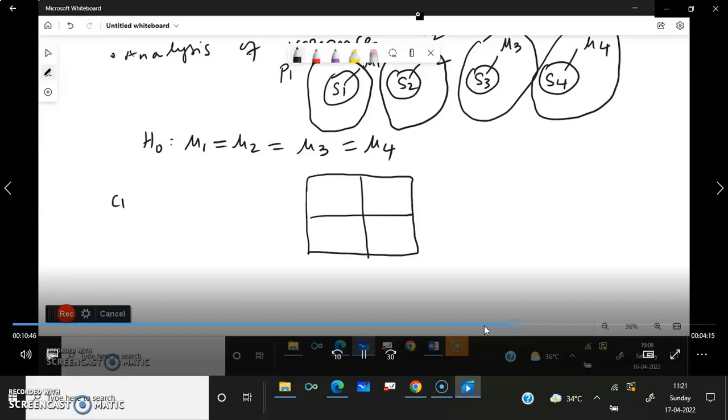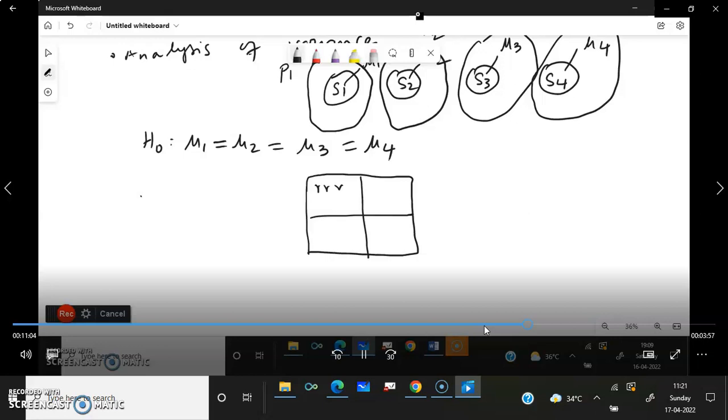Next, the ANOVA technique is important in all those situations where we want to compare more than two populations, such as in the comparison of the yield of a crop from several varieties of seeds. Suppose I have a field and I divide it into 4 parts.